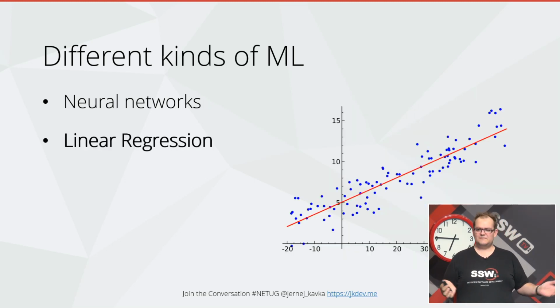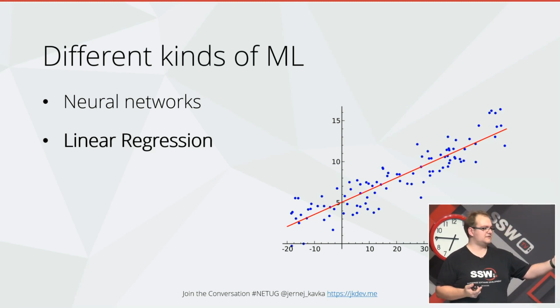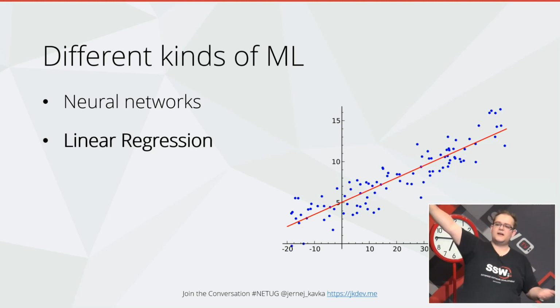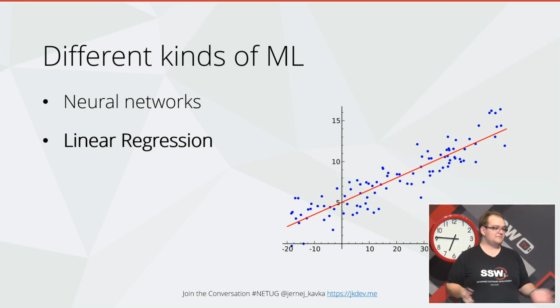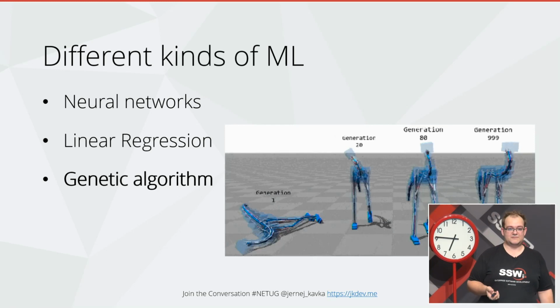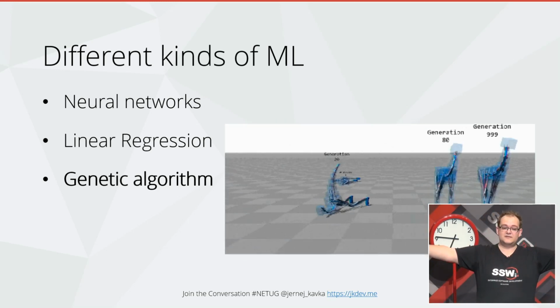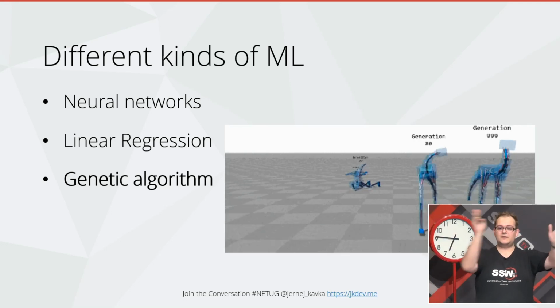But we have some simpler approaches to machine learning, like linear regression, where you might have a simple line, which uses simple junior grade math.